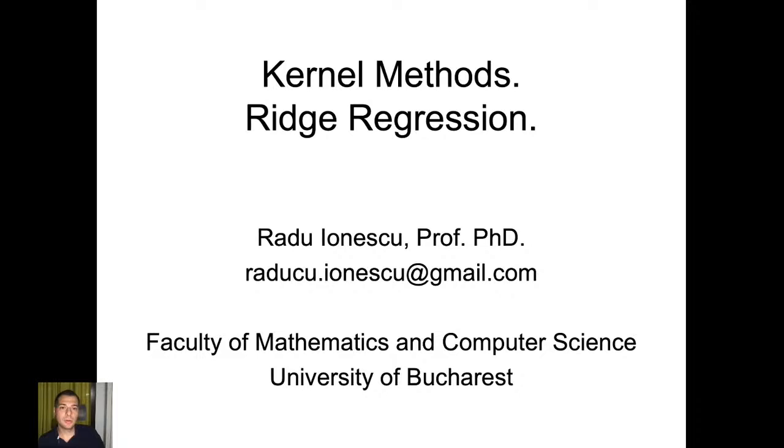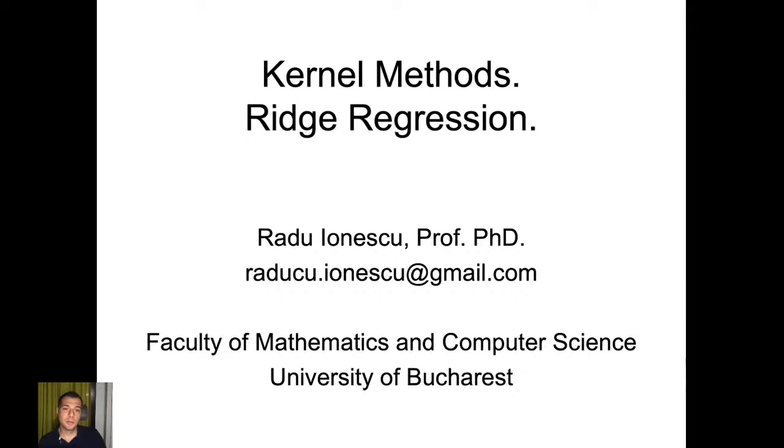Great, so today we're going to discuss kernel methods. This is a generic approach for machine learning, and there are different particular classifiers that are part of this category of methods. We will discuss one of the easiest ones to understand, which is ridge regression.